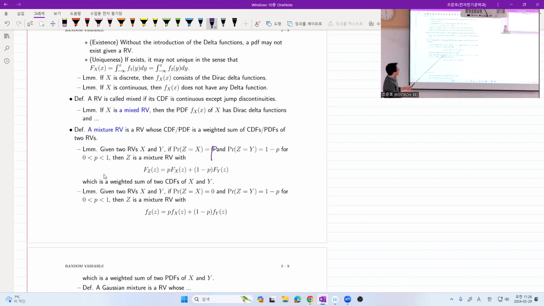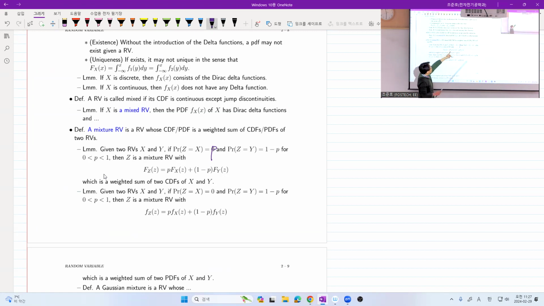And you can easily show that the CDF of Z is the weighted sum of the two CDFs. Look at this. I used a dummy variable or free variable z. So on the right-hand side, you must evaluate the CDF of X at z. No problem, right? And the CDF of Y at z, not x and y, because your variable is now z, right?